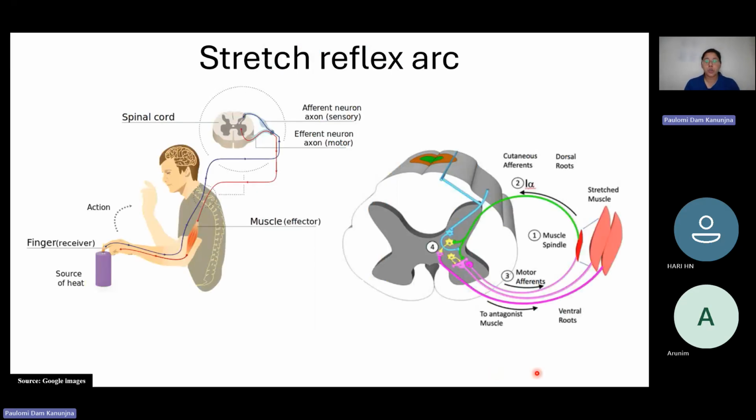Okay. So let me give you a brief revision of what you did about the stretch reflex arc. In very simple terms, I'm pretty sure, considering the amount of time we have dedicated to discussing the stretch reflex arc, we know about it probably way too much. But just for your revision, what does stretch reflex arc mean?